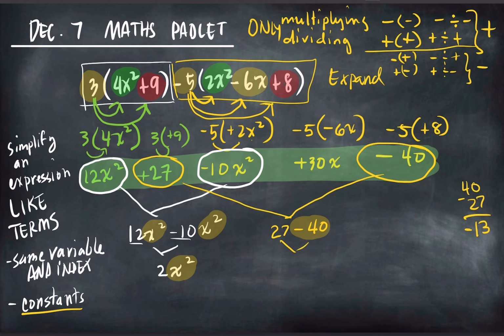So this is equal to negative 13. Then we have the only term that has just a coefficient in x, plus 30x. Okay? So this is the final answer.